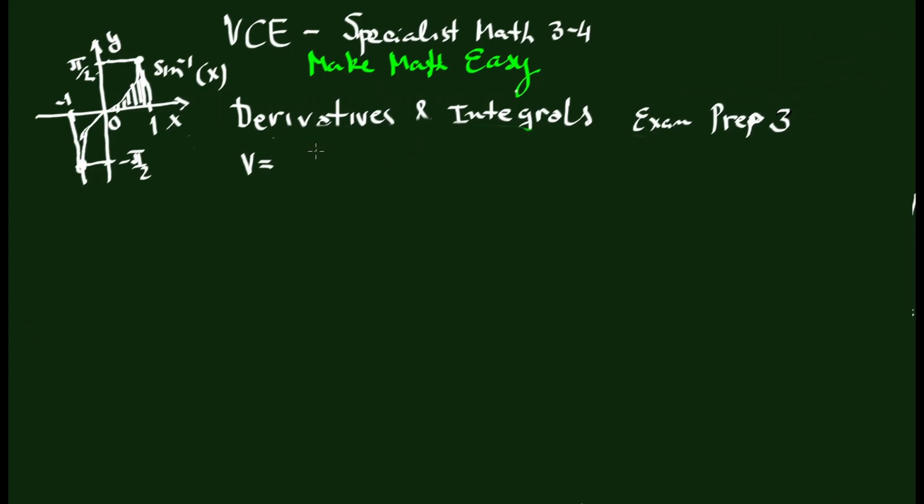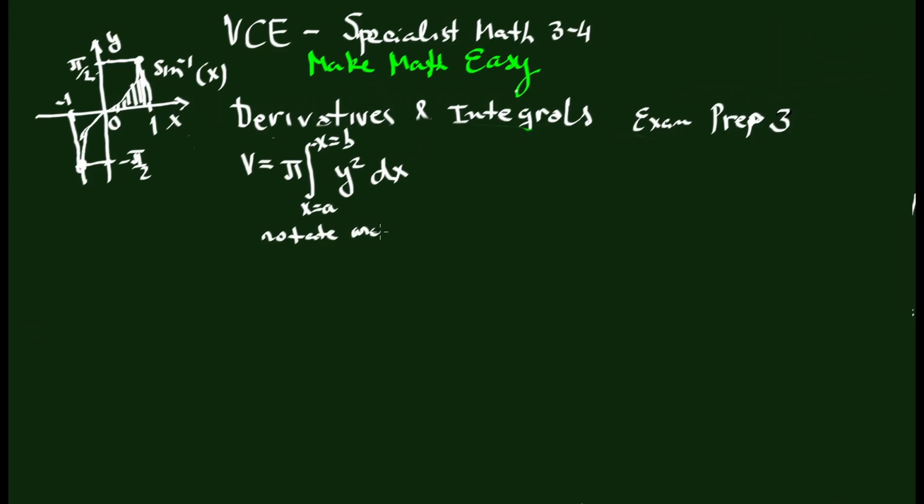The formula for the volume is integral from x equals a to x equals b of pi times the integral of y squared dx.